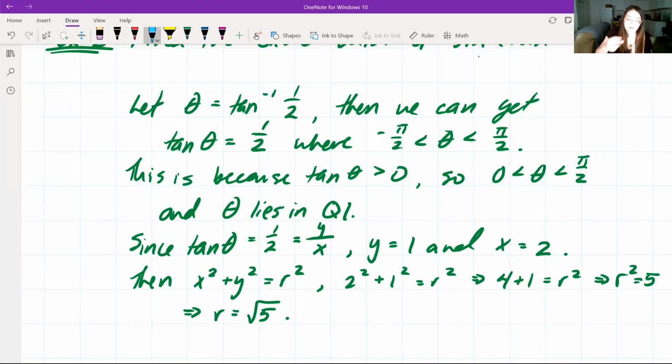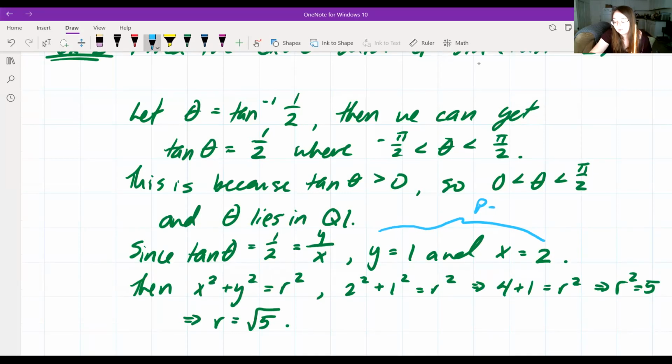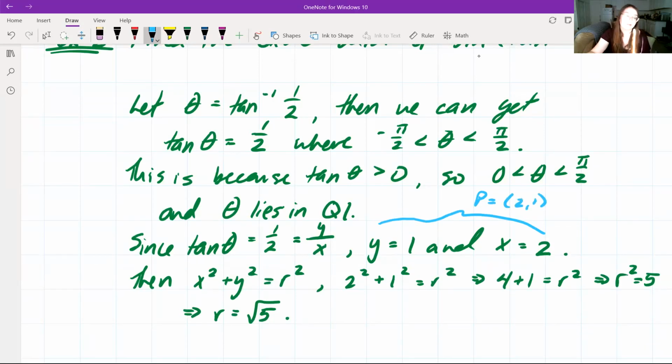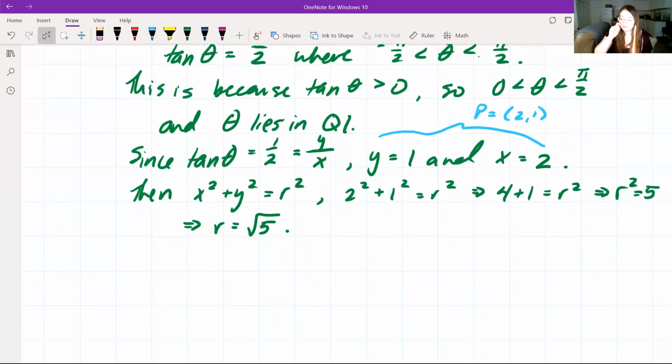Also, as a side note, we can identify that because y is 1 and x is 2, our point P is equal to (2, 1). So we're going to take all of the information that we have just learned, and now we have everything that we need to solve our expression.